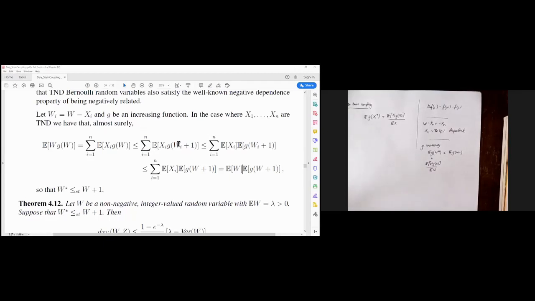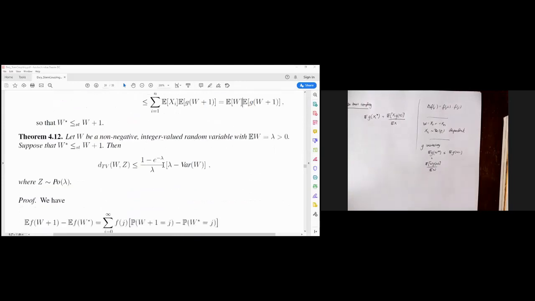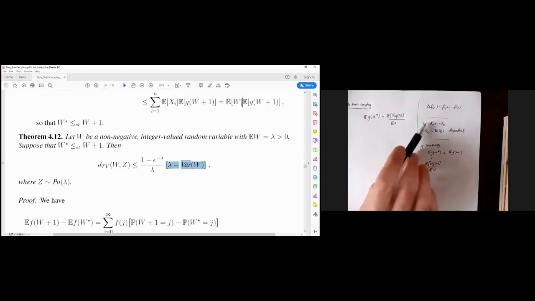Okay, so now that we've set up what I mean by the monotonicity, and I've told you what that means in terms of negative dependence, and I've perhaps convinced you that there may be some useful applications where this sort of thing is satisfied, let's get back to the bound that we can get here, which again, the point is that this depends only on the first two moments of my W. Think of W again as the sum of dependent Bernoullis.